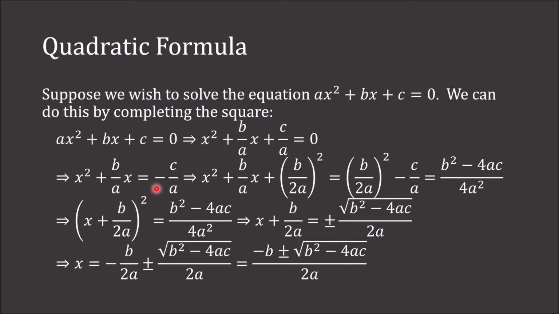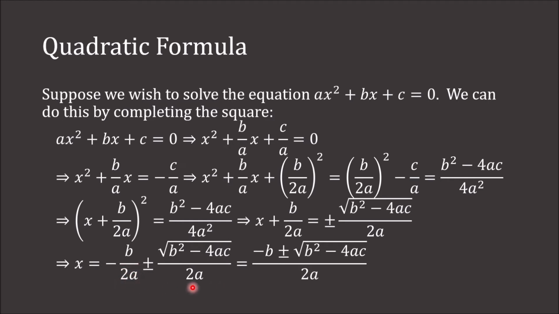If we now take the square root of both sides, we'll have x plus b over 2a is equal to plus or minus the square root of b squared minus 4ac all over 2a. Remember that when you take the square root, it's a plus or a minus. Now we can subtract b over 2a from both sides, and we'll get x is equal to negative b over 2a plus or minus the square root of b squared minus 4ac all over 2a.